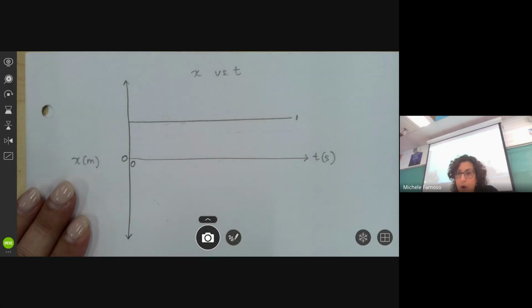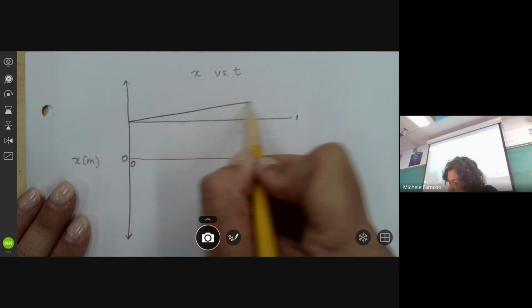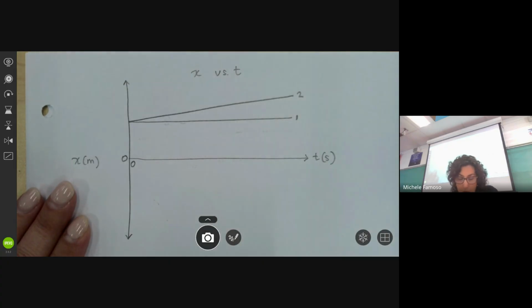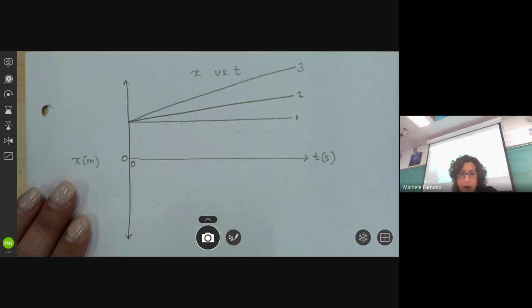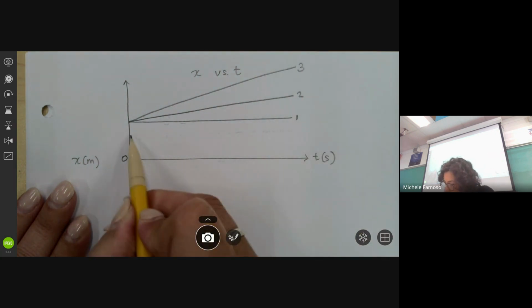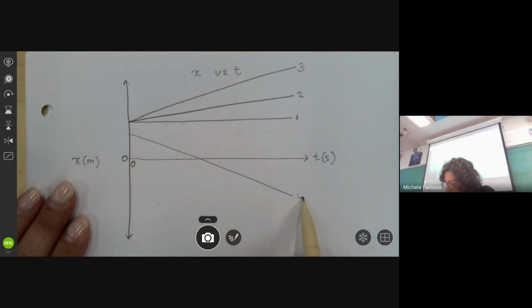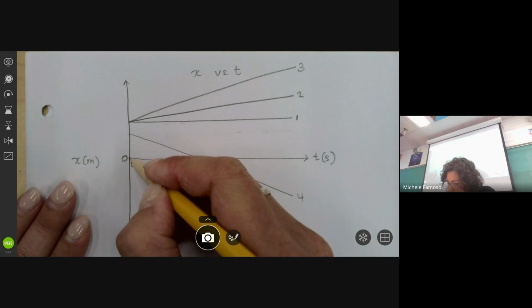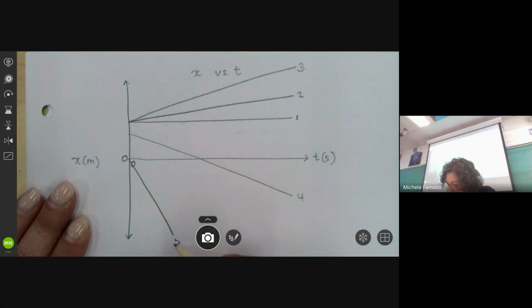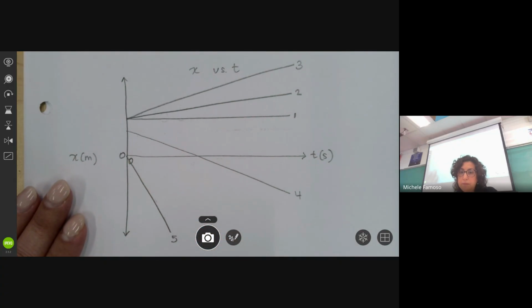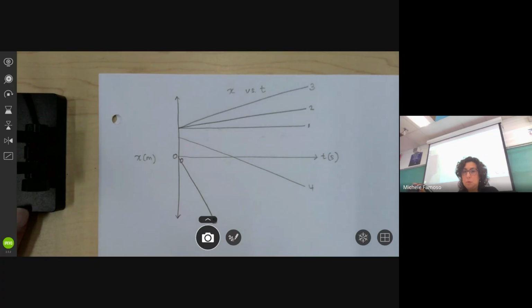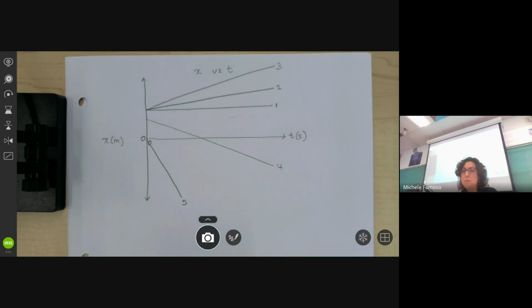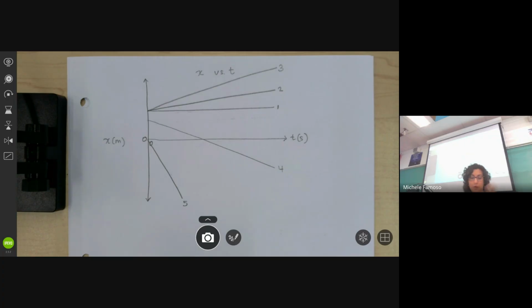Let's call that line 1, line 2, line 3, line 4, and line 5. Okay, we're going to try to describe the motion of each of those based upon the patterns we just saw.